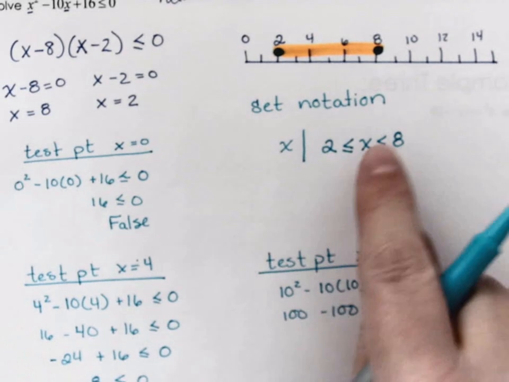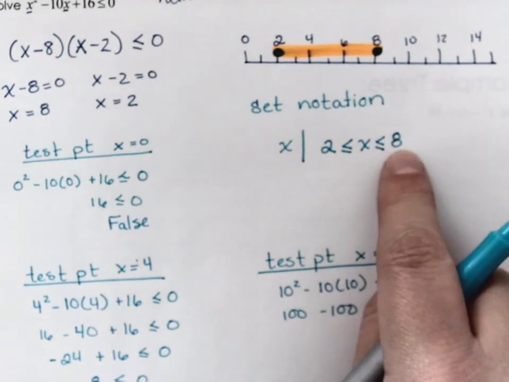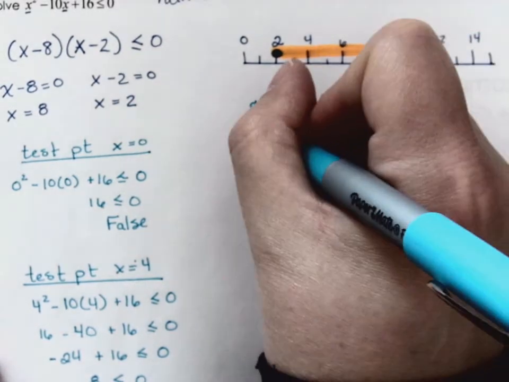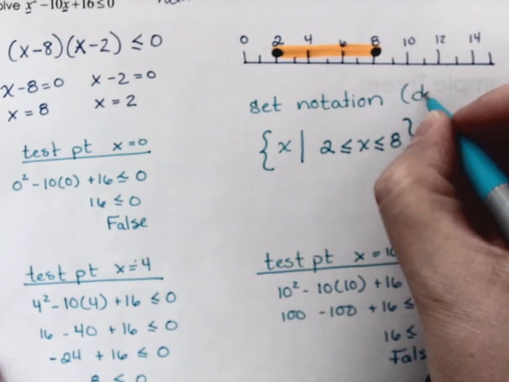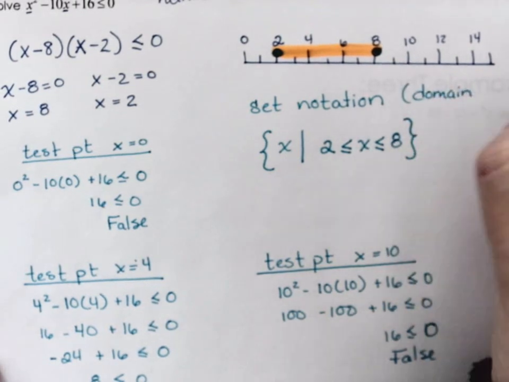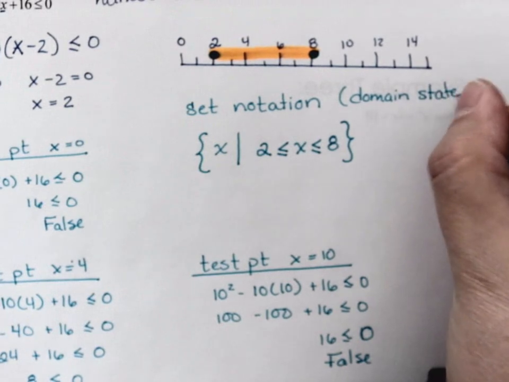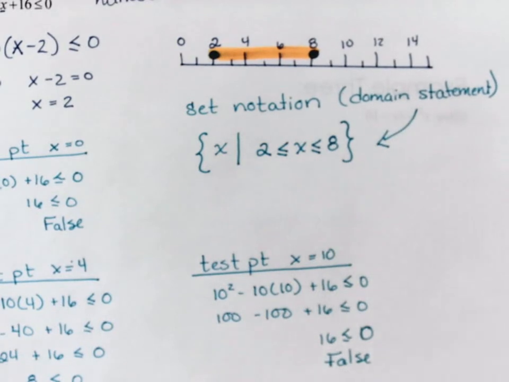That statement says x has to be greater than or equal to 2, but less than or equal to 8. That's really what we're trying to say. We're going to finish that off with some fancy brackets. So if I ask for a domain statement, that's what I'm looking for. Okay?